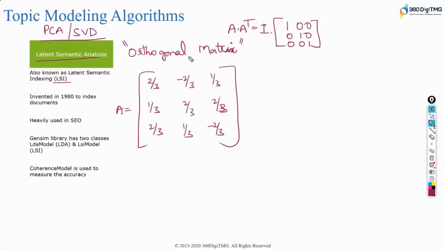How? First of all, what is orthogonal? Orthogonal means if you find out the sum product of any two columns, column 1 and 2 or 2 and 3 or 1 and 3, any two columns, the sum product will be equivalent to 0. So you multiply these two, you get minus 4 by 9.